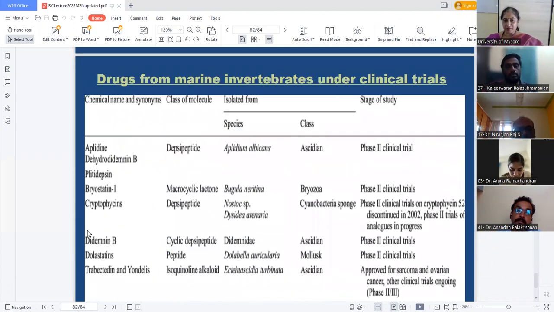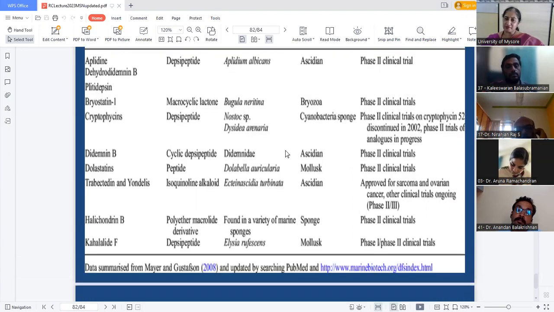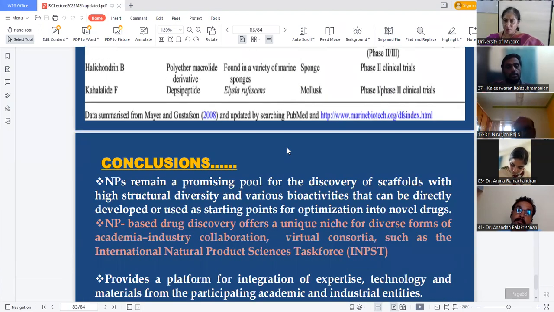We have bryostatin, didemnin, dolastatins, again produced by marine species. You can classify them: they are ascidians, bryozoans, cyanobacteria living in sponges, then molluscans, etc. So you cannot underestimate any organism. Each has the ability to produce the prescribed compound.